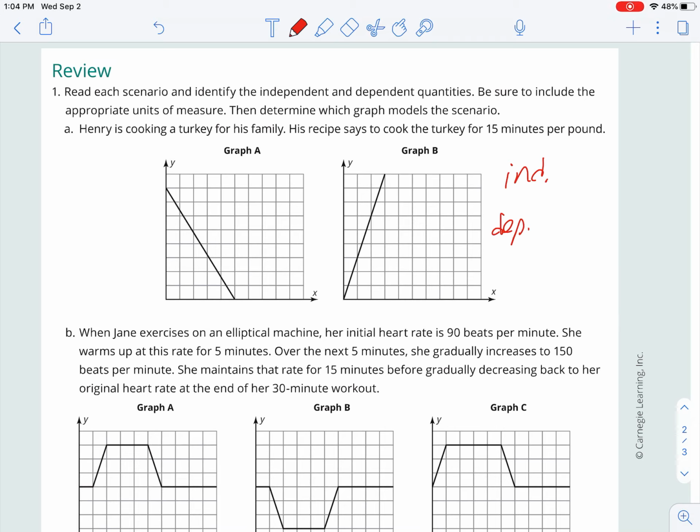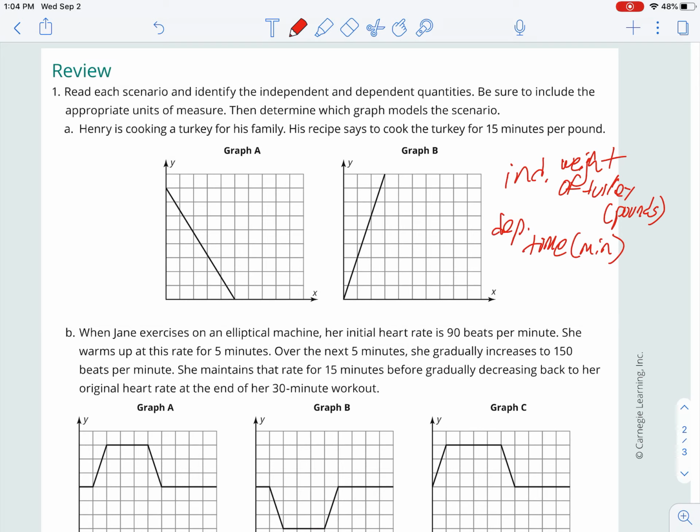So this is one of the few times where we kind of reverse things, and the independent, which is influencing the time we cook, is the weight of the turkey. And that is in terms of pounds. And then the dependent is going to be the time that we cook the turkey, and that is going to be in terms of minutes.